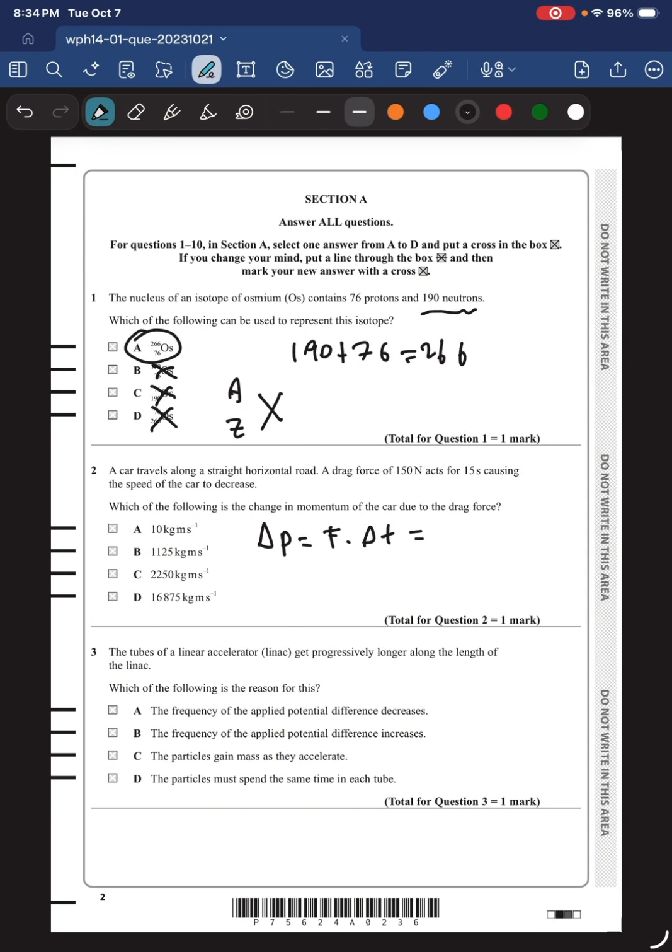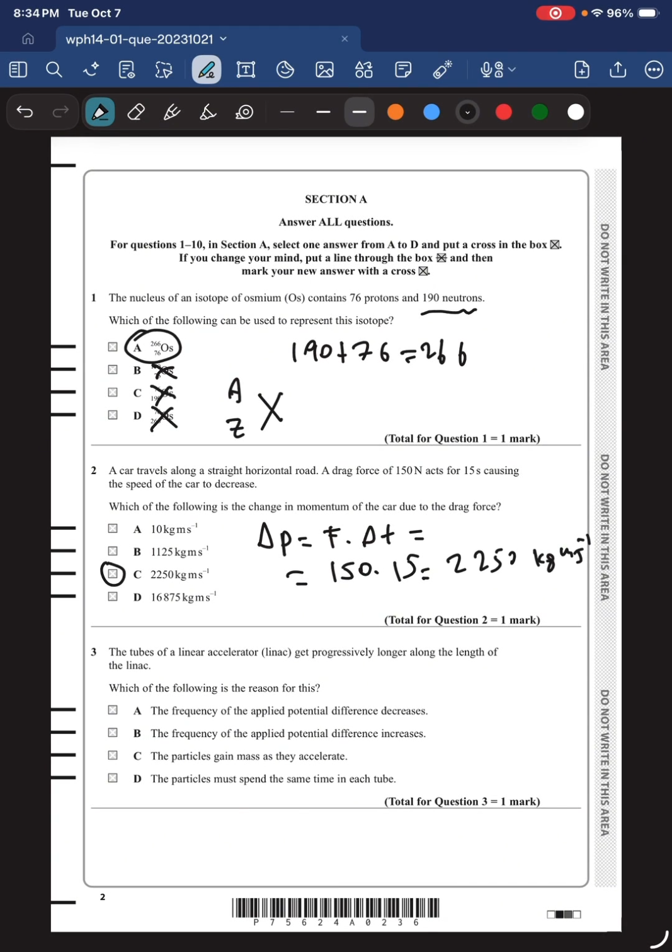And this is simply a multiplication. 150 times 15 gives us 2,250 kilograms metres per second, to the minus 1. Correct answer is C. Okay, simple problem.